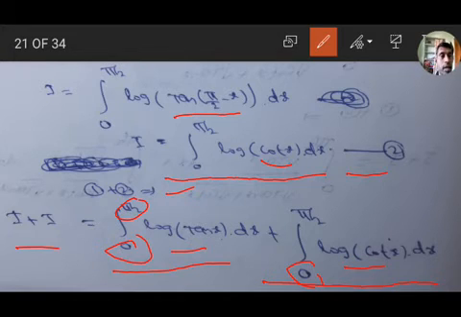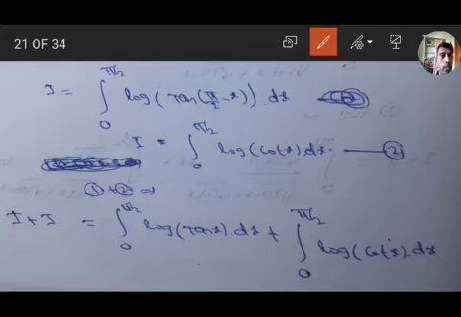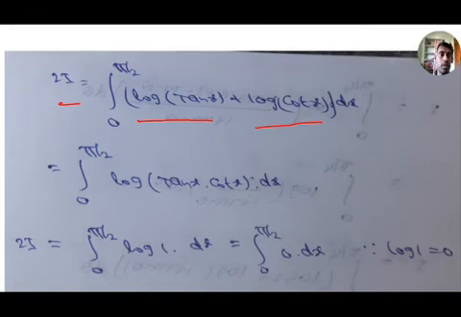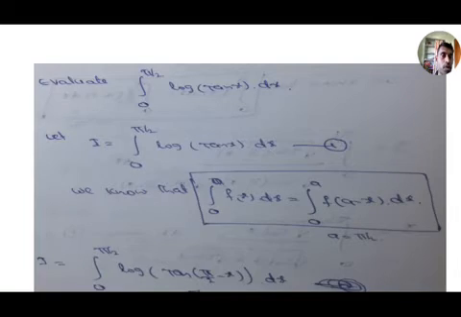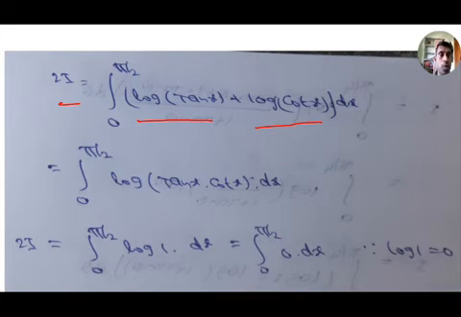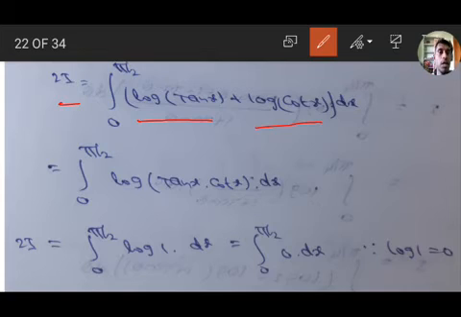So I plus I equals 2I, the integral from 0 to pi by 2 of log of tan x plus log of cot x. Log of tan x is one function and log of cot x is another. By using the property, it can be written as the same.